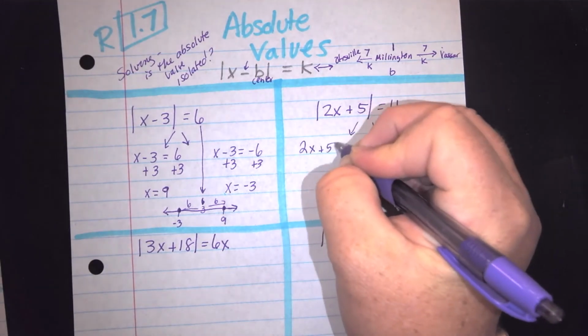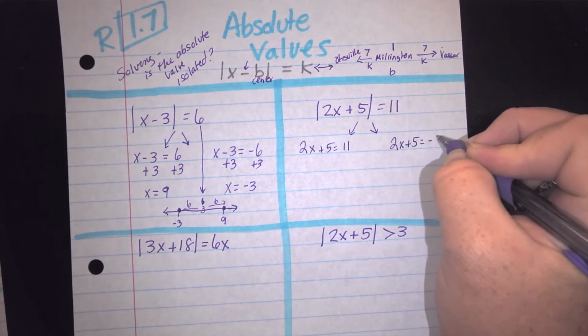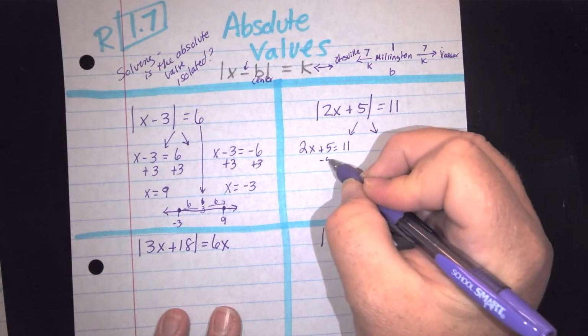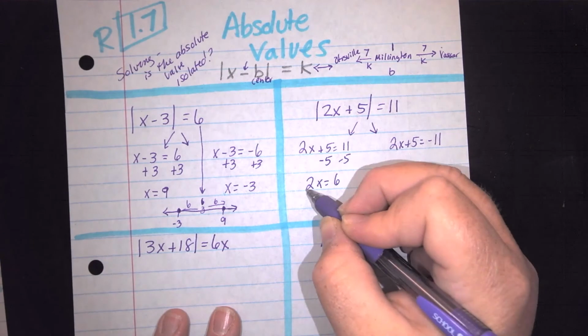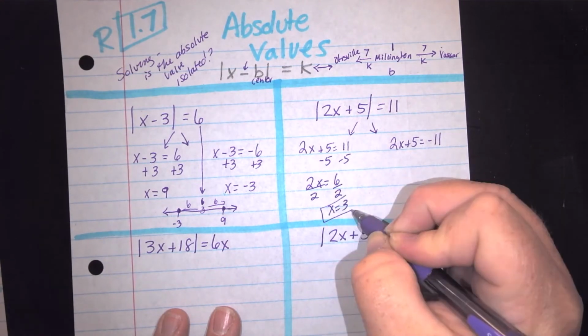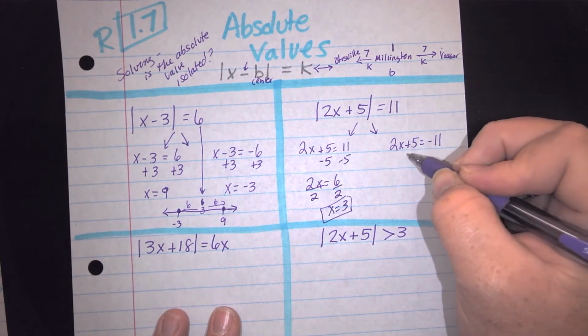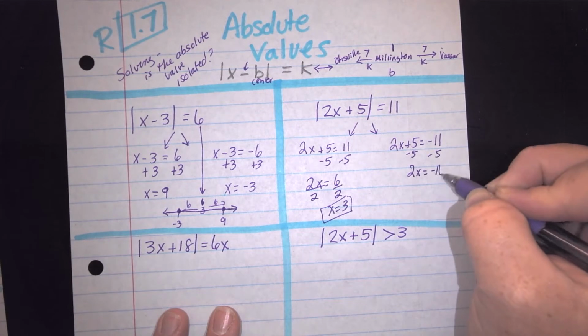2x plus 5 is equal to 11. 2x plus 5 is equal to a negative 11. Minus 5. 2x is equal to 6. Divide by 2, and x is 3. Subtract 5 over here, but I don't get 6, I get a negative 16.